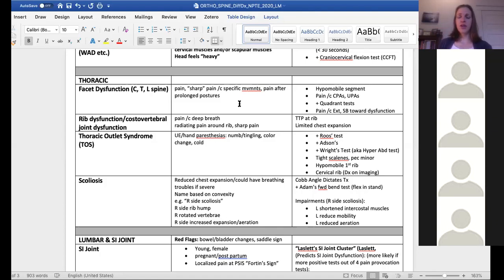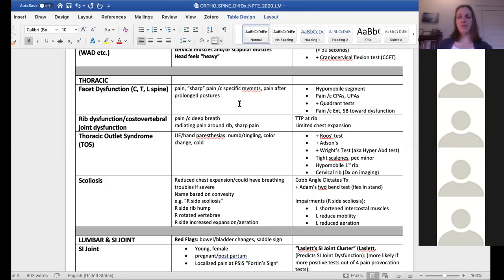Facet dysfunction is going to be characterized by more of a sharp pain. Usually it's going to be some sort of acute onset, but not necessarily a traumatic mechanism. So it could be, again, somebody who woke up with a stiff back, or they noticed they sat in a position that was uncomfortable, and then after that, they've been having mid-back pain or upper back pain since then.